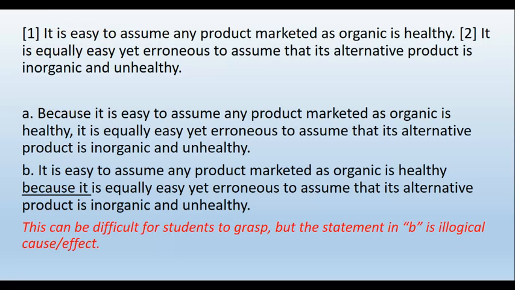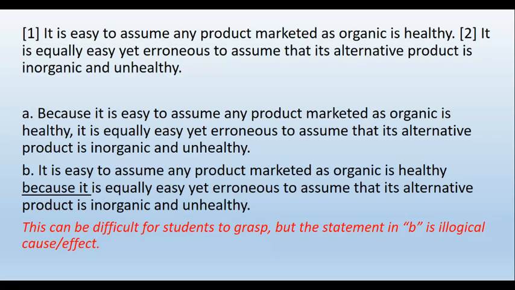Well, I want you to hear that this B choice does not really make a lot of logical sense. To say that we can assume that products are organic or healthy because we can assume the inorganic products are unhealthy doesn't always make sense. What we want to say is the A choice: because we can assume that the products that are organic are healthy, we can probably assume that the inorganic ones are unhealthy.